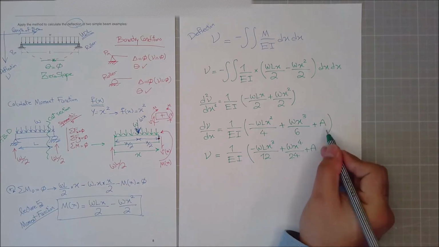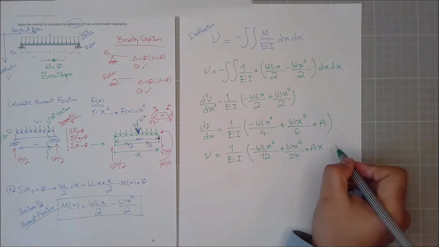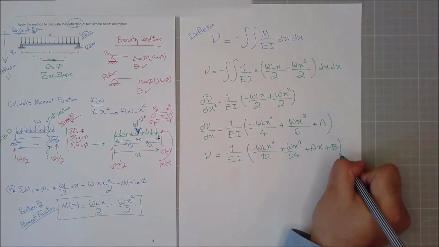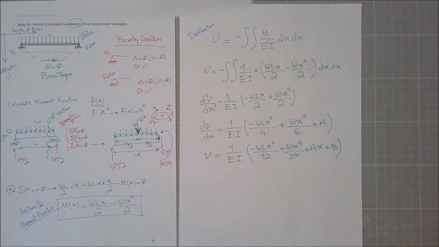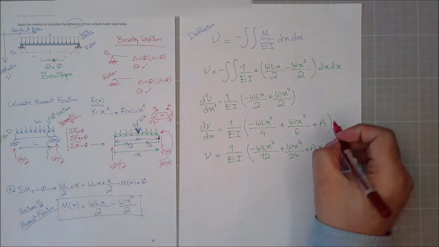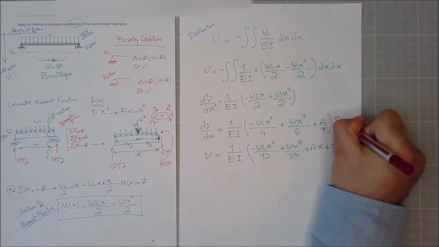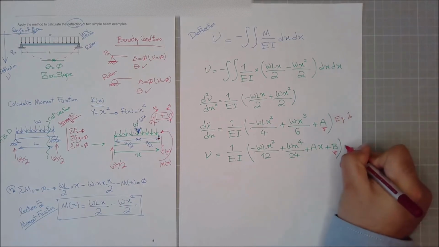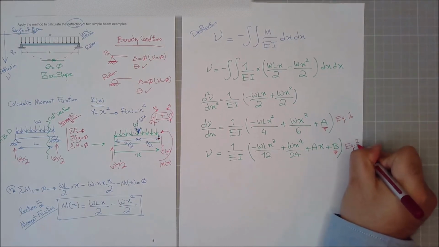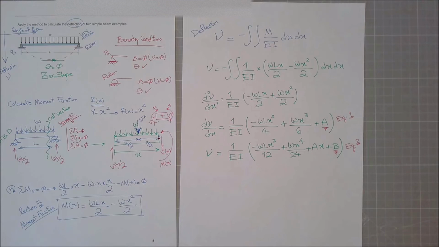Plus a was a constant, so now we'll have an x, plus a new constant introduced. I have equation 1 and I have equation 2. And remember this as well.